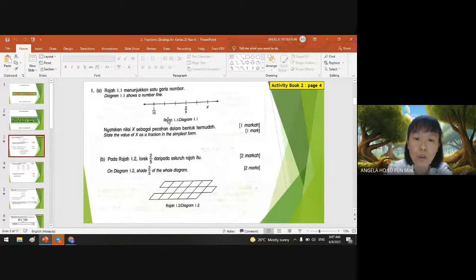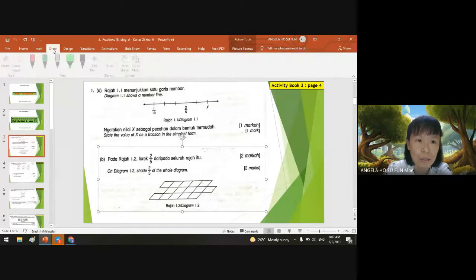All right. So how do you do that? First of all, this is 1 over 10. This is 2 over 5. Look at the denominator. It is not the same.